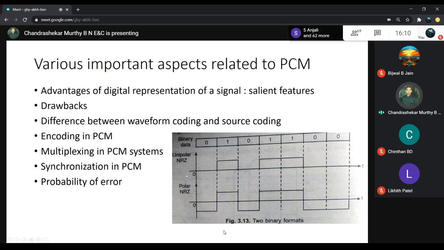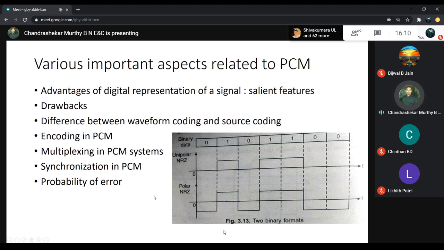This type of error will occur, mistakenly identifying one as a zero or zero as a one. That will be the channel noise, and this is the probability of error.